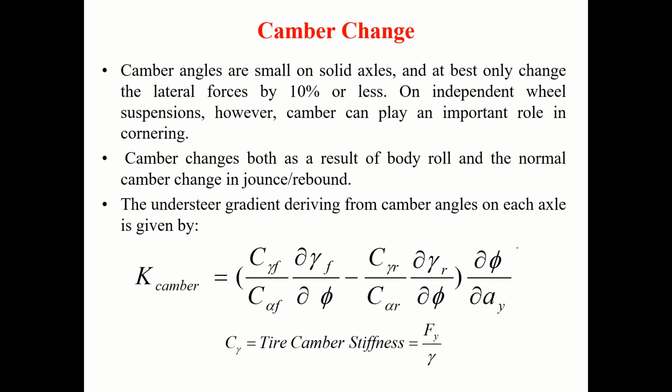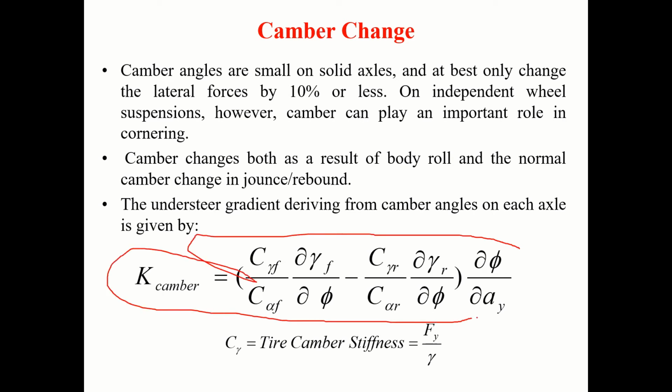So we can give the K camber value by this equation. I have not derived it in detail. I just straight away wrote down these things. There is a roll rate, so because of that, definitely there will be a camber change.